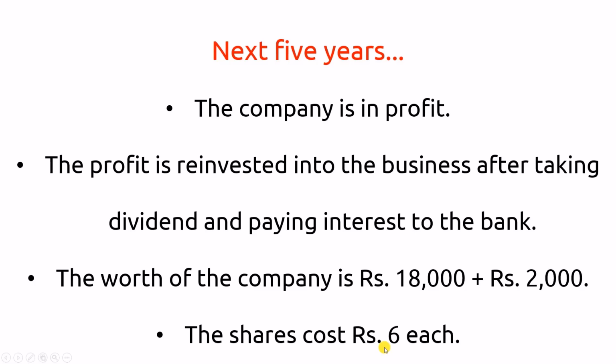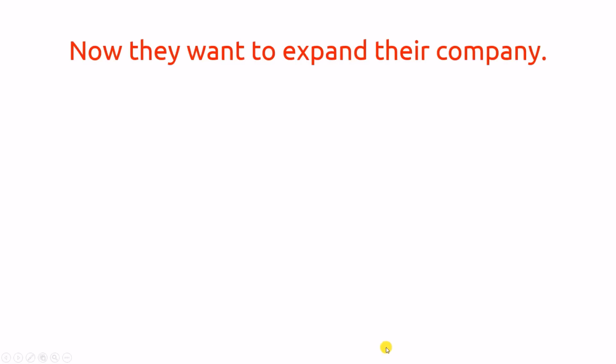Alright? Now they want to expand their company. They want to build a bigger factory, or maybe they want to build more factories in different cities or different states, or maybe they want to export their product into other countries by producing a larger amount.